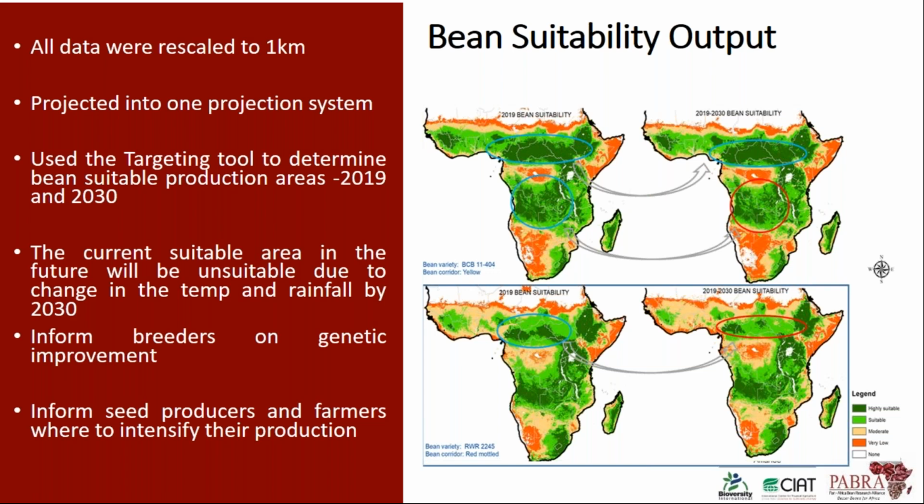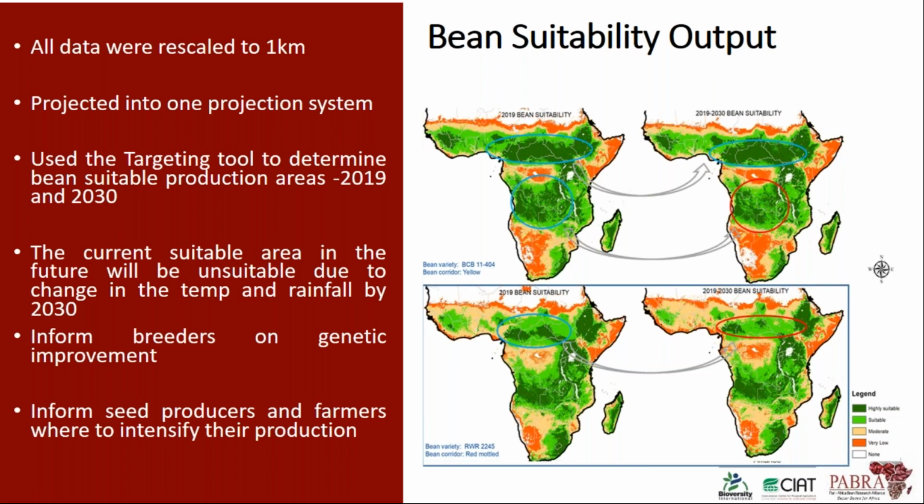So we had the current bean suitability. As you can see on the maps on your right, we have 2019 bean suitability, and then we have 2019-2030 bean suitability. And this was done for those two varieties that I mentioned.